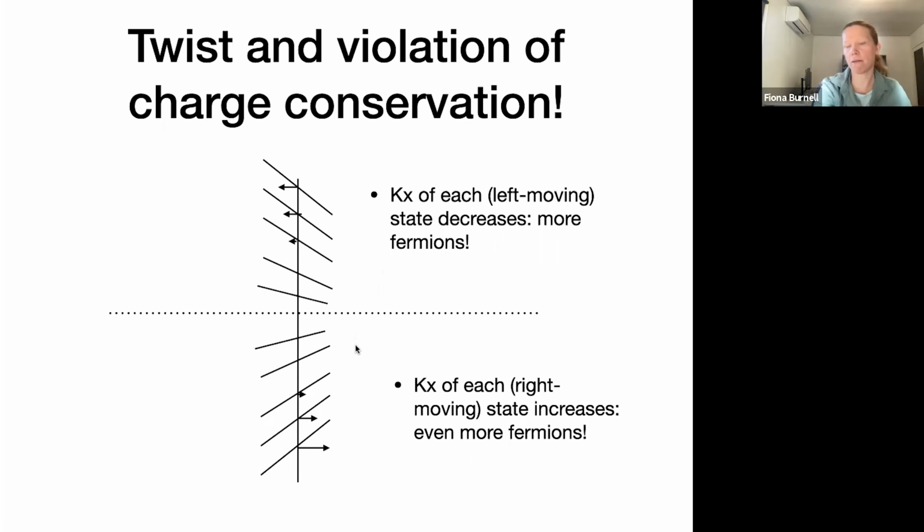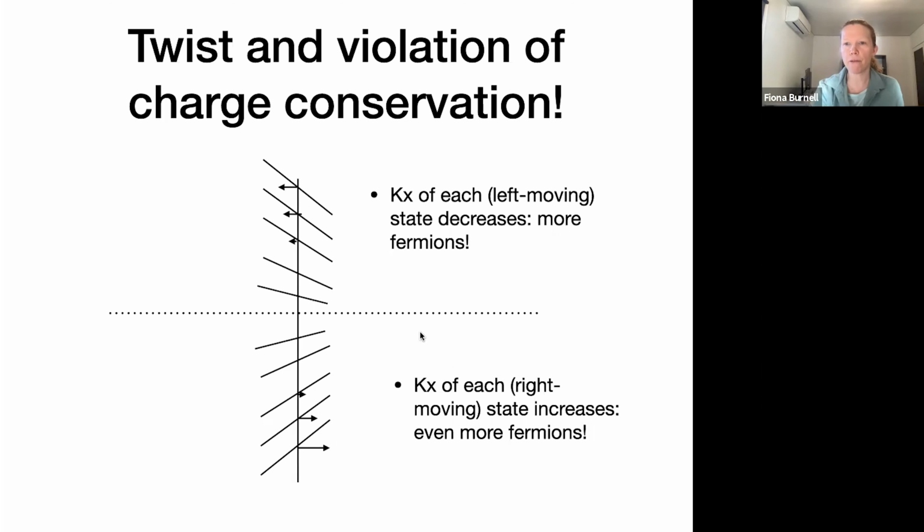And okay, so now before we were looking at positive and negative kx, but now here, the kx of each of these left moving states, I can't remember if they were left moving or right moving in my previous picture, but let's call these guys left movers, okay? Their kx is going to decrease, okay? And the kx of the states at negative ky is going to increase.